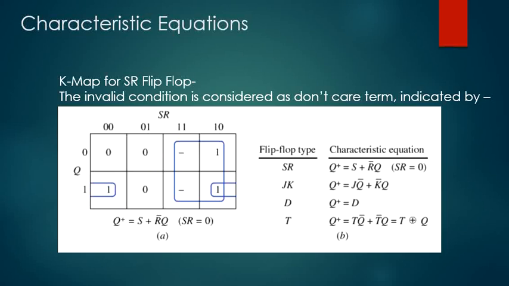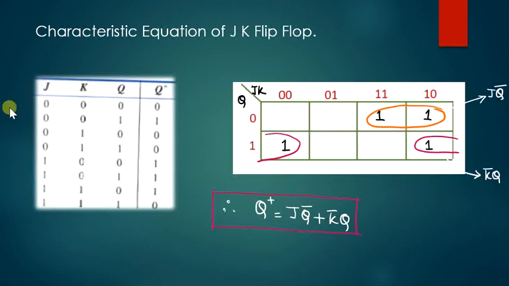Next, let us look into obtaining the characteristic equations of JK, D and T flip-flop by simplifying using the Karnaugh map. So here I have the function table wherein I have represented the present state and the next state. So I will require a 3 variable Karnaugh map, and I have represented the JK variables here and Q variable here.